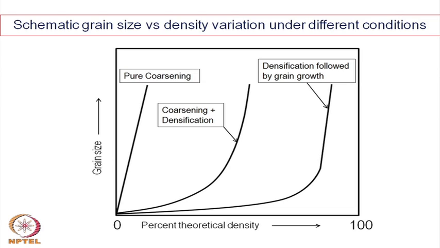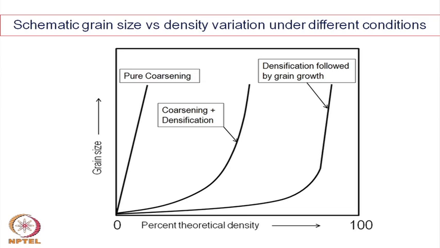This particular view graph was presented earlier, where we plotted the grain size against percent theoretical density, because one of the basic effects of sintering is the increase of density.